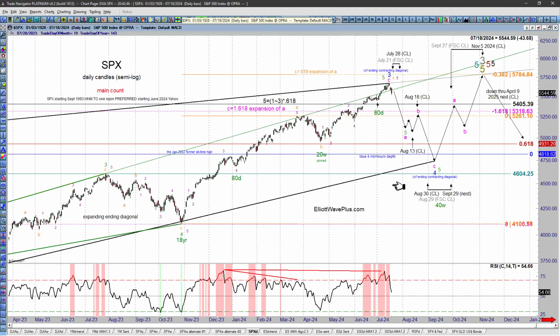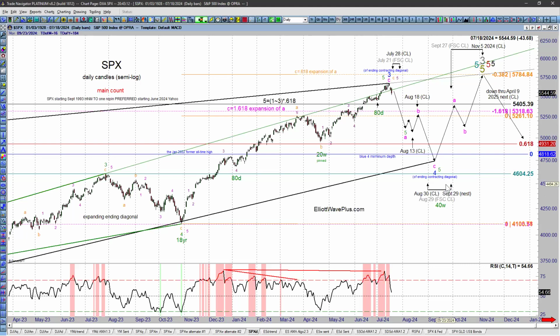Here's a daily chart of my main count. What I'm expecting now is an ABC zigzag to the downside. Per Hurst, when I force pin a 20-week cycle to this low, that pushes this 40-week cycle trough target down into September. That's pretty believable because August and September seasonality is typically not that good.